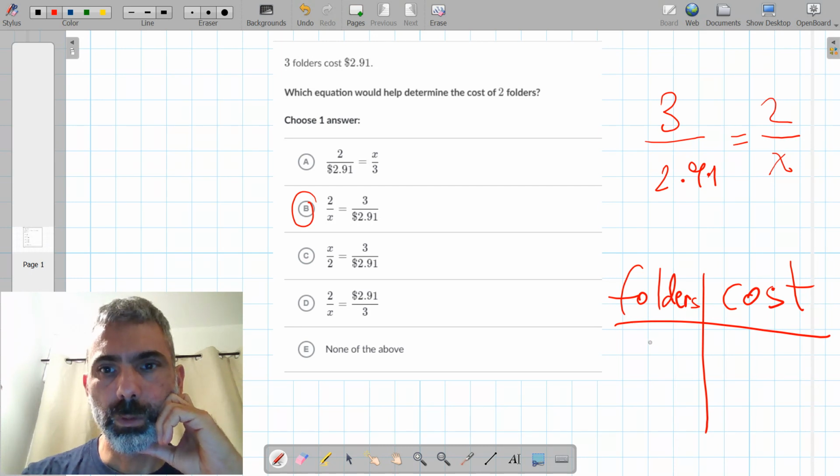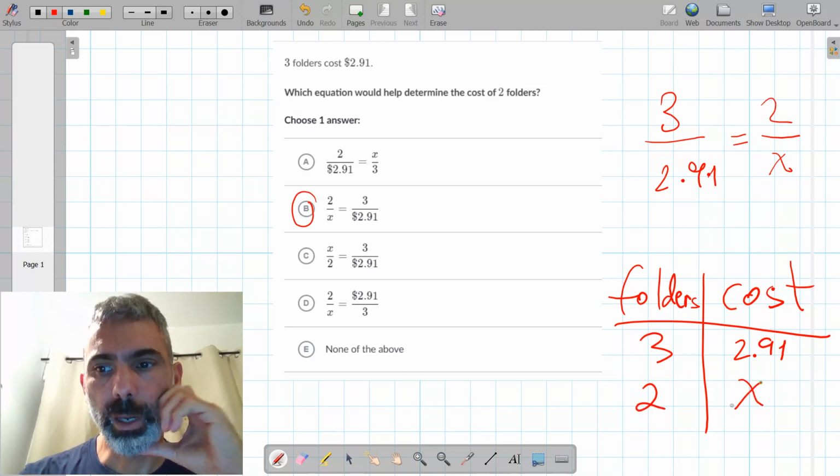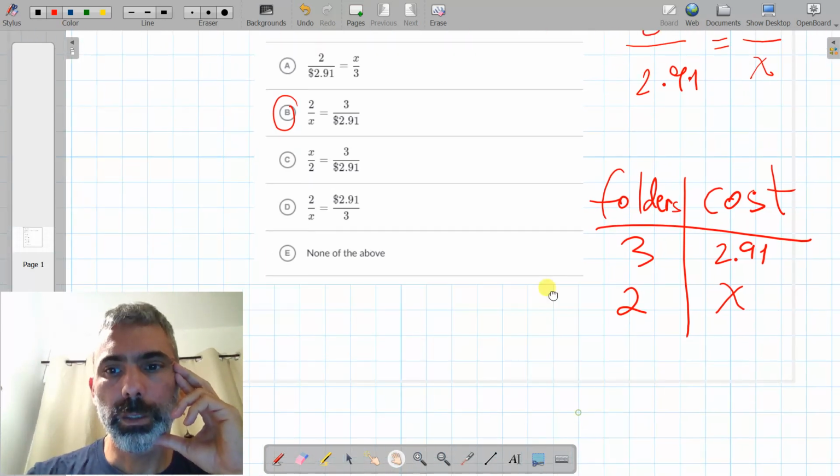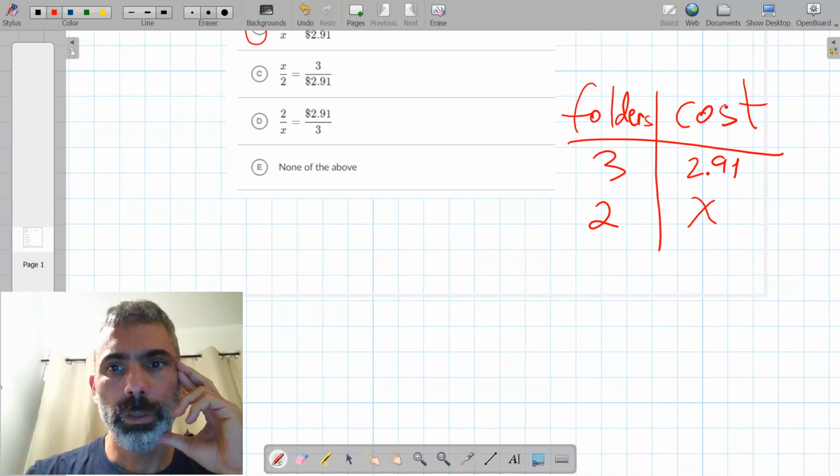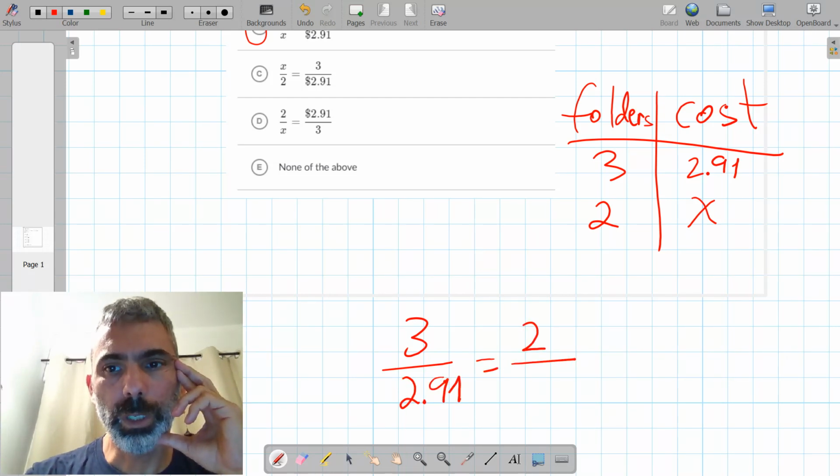So 3 cost $2.91 and 2 cost an unknown amount. So I can either write it as 3 over 291 equals 2 over X. This is one way I can write it.